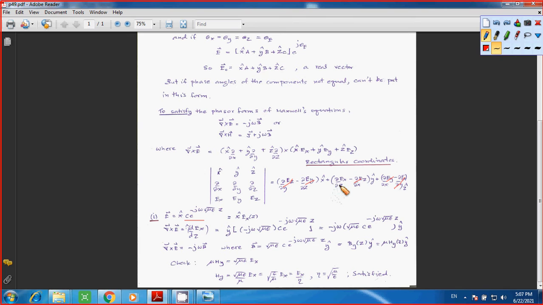You have only the partial derivative of Ex with respect to z, with the component in the y direction. Differentiating Ex over z, where Ex is C exponential negative j omega square root mu epsilon z, you end up with negative j omega square root mu epsilon, and then Ex.